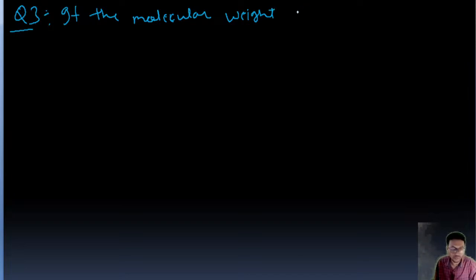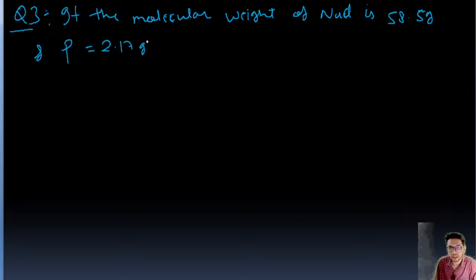If the molecular weight of NaCl is 58.5 gram and density is given, that is 2.17 gram per centimeter cube.